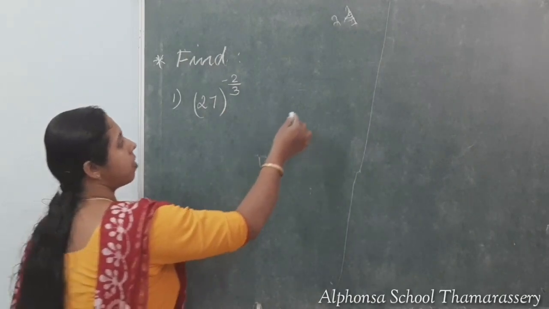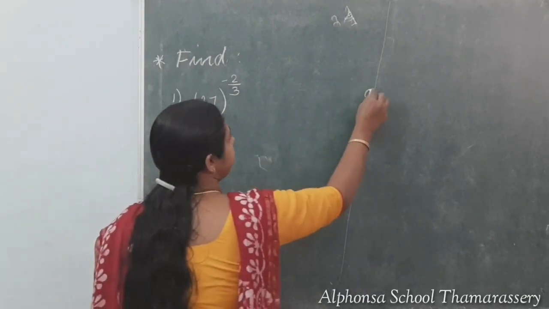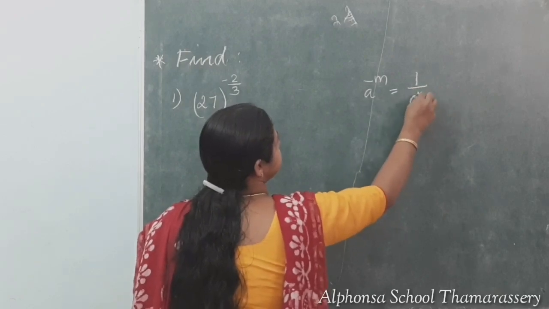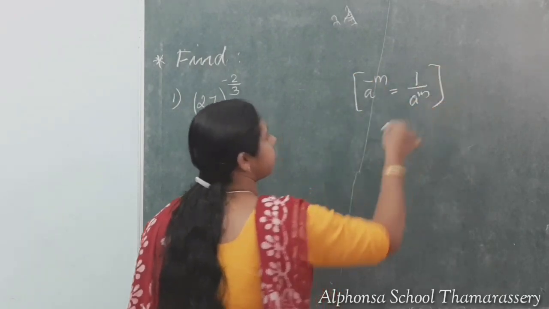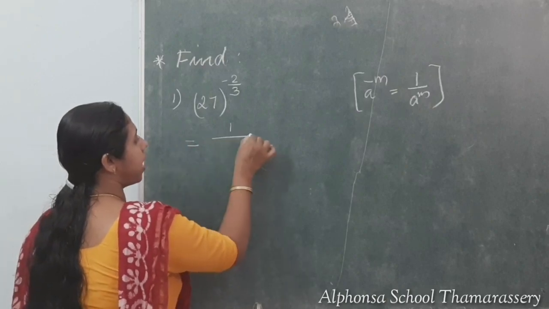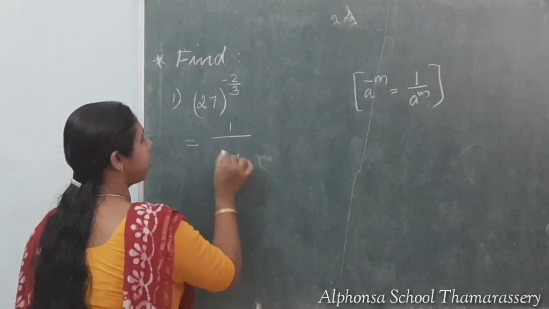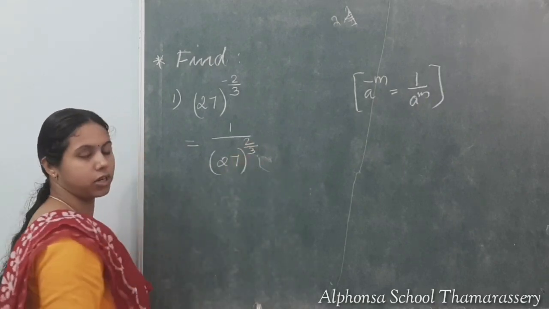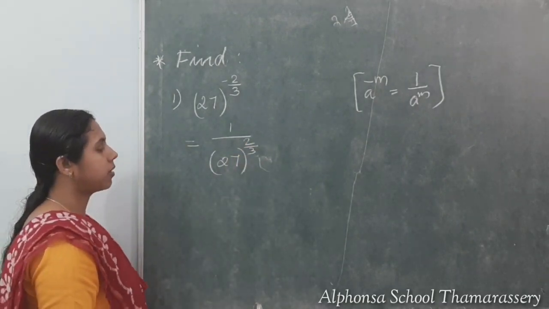It will be in the form of a raised to minus m, which is equal to 1 by a raised to m. First we have to use this law. Then it will be equal to 1 by 27 whole raised to 2 by 3. We got the positive exponent.